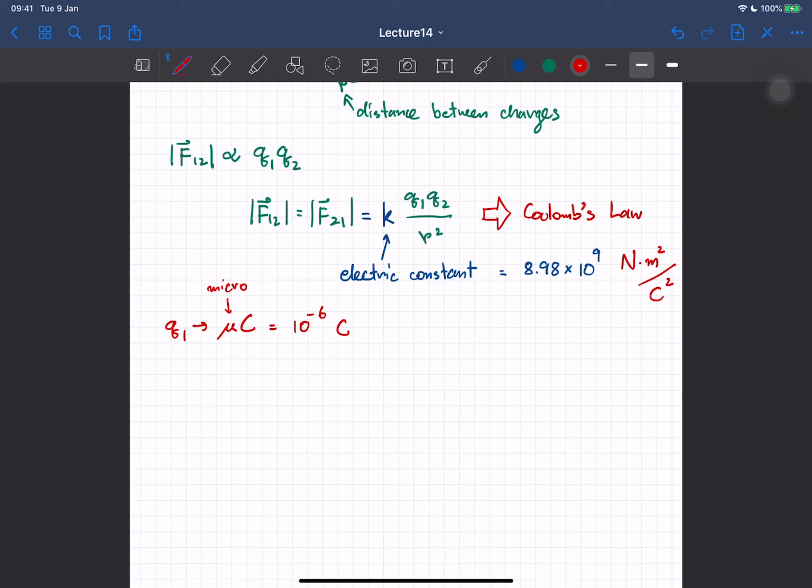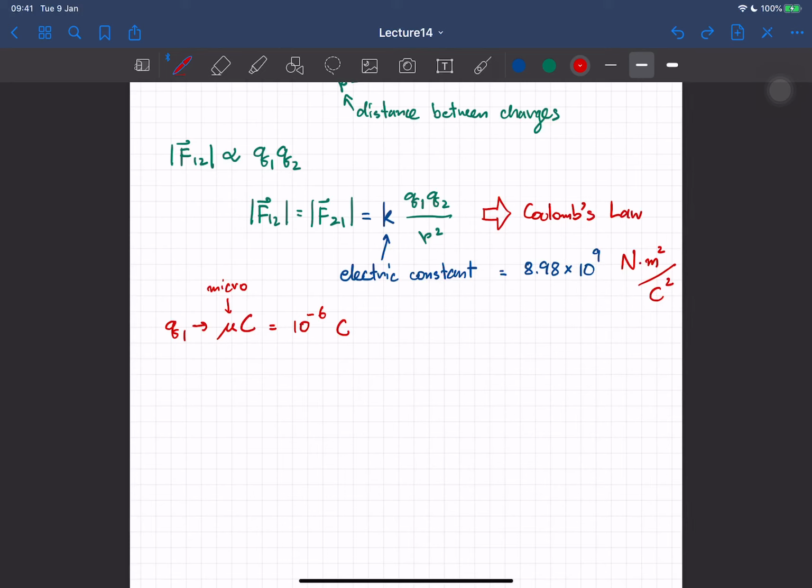So before you plug into this equation to calculate the force in Newton, don't forget this factor of micro. Okay, it's 10 to the minus 6. And if you have 1 microcoulomb and another microcoulomb, altogether you have 10 to the minus 12 Coulomb squared. If you forget about this, you're going to get a force which is a million times or even a million million times wrong. And that's not good. So be very careful about this unit.